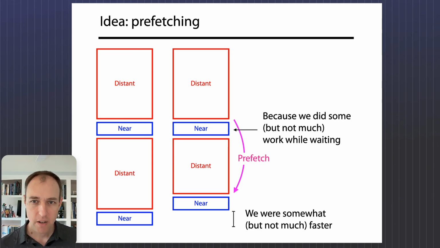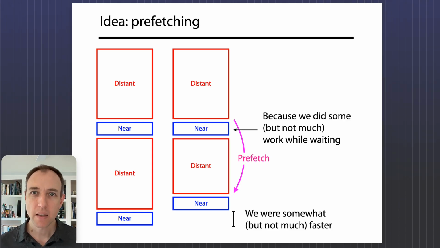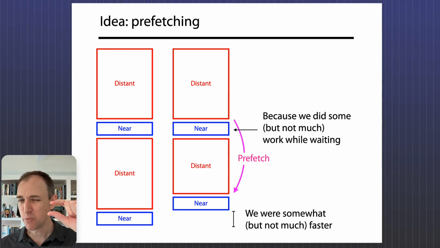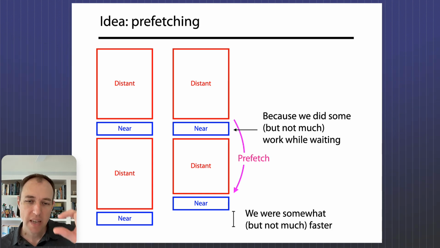So, in this example, we used memory prefetching and maybe we got a little bit of benefit from it because we did some work while we were waiting. But in this example, we didn't do very much, right? That near rectangle is not very tall, indicating this isn't nearly as long as the latency of a cache miss, right? The amount of time we have to wait for a cache miss. So we saved some time, but maybe not a lot.